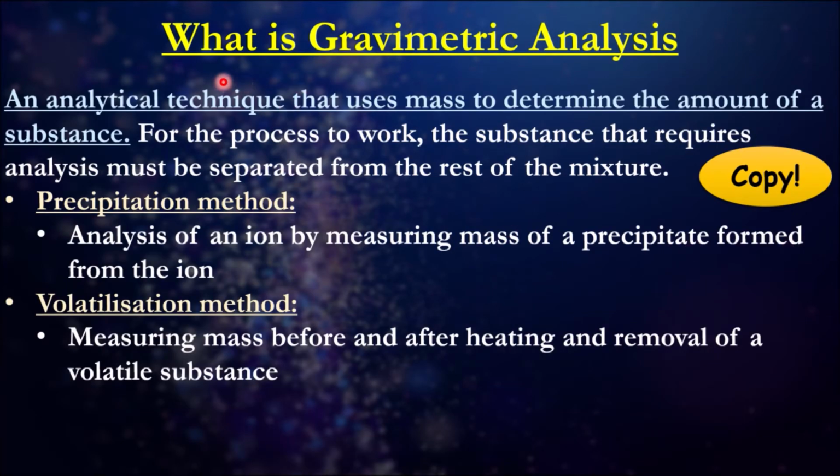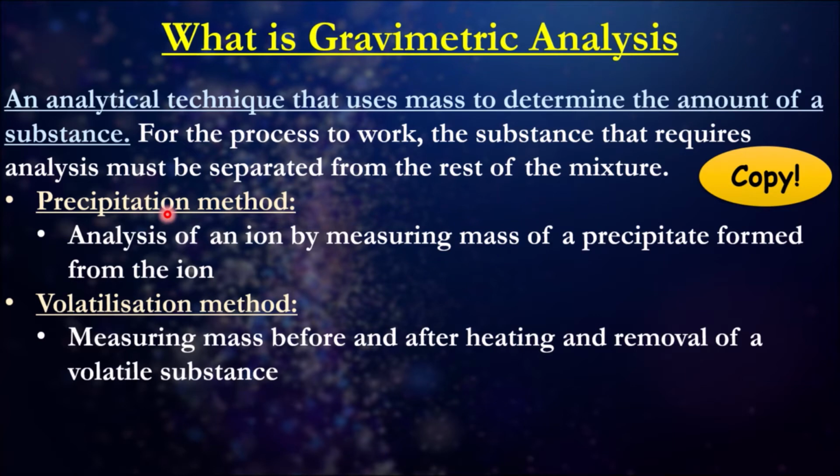So what is gravimetric analysis? It's an analytical technique that uses the mass of a substance to determine the desired ion that you're searching for. So for the process to work, the substance that requires analysis must be separated from the rest of your mixture. There's two ways you can do this separation.